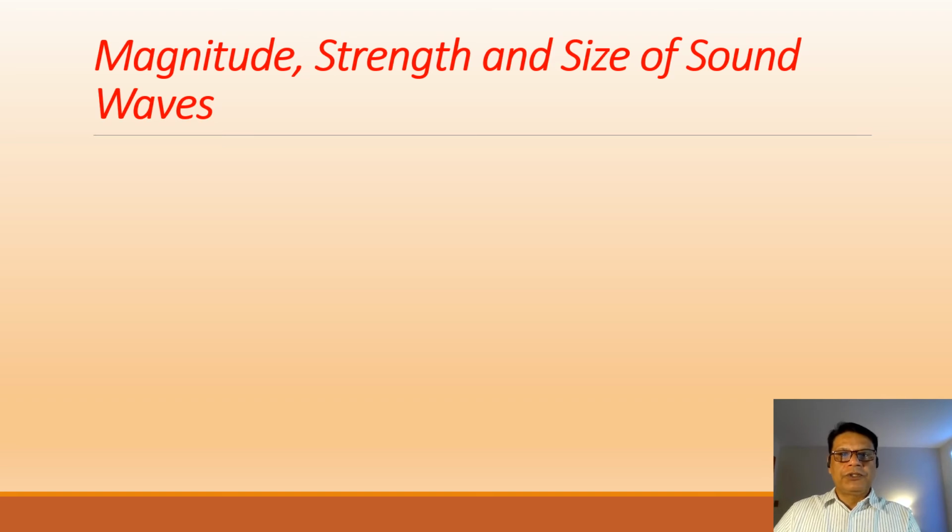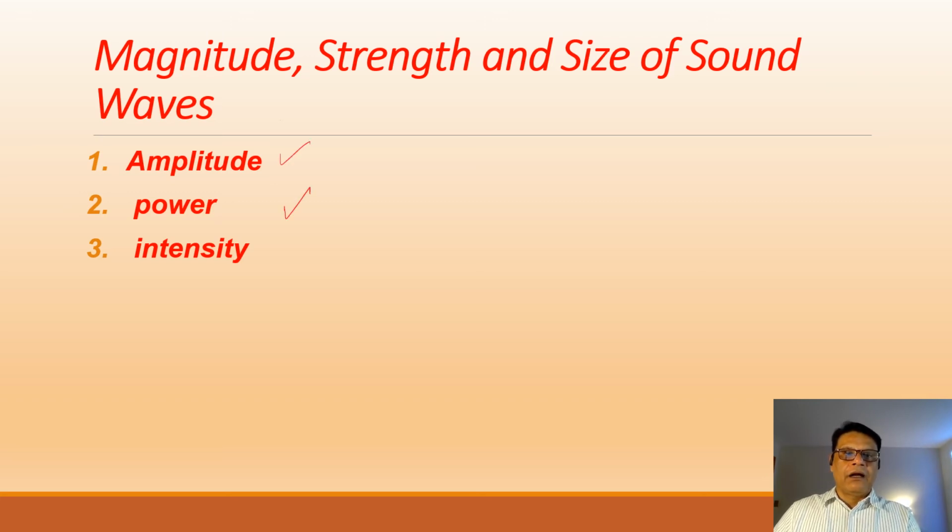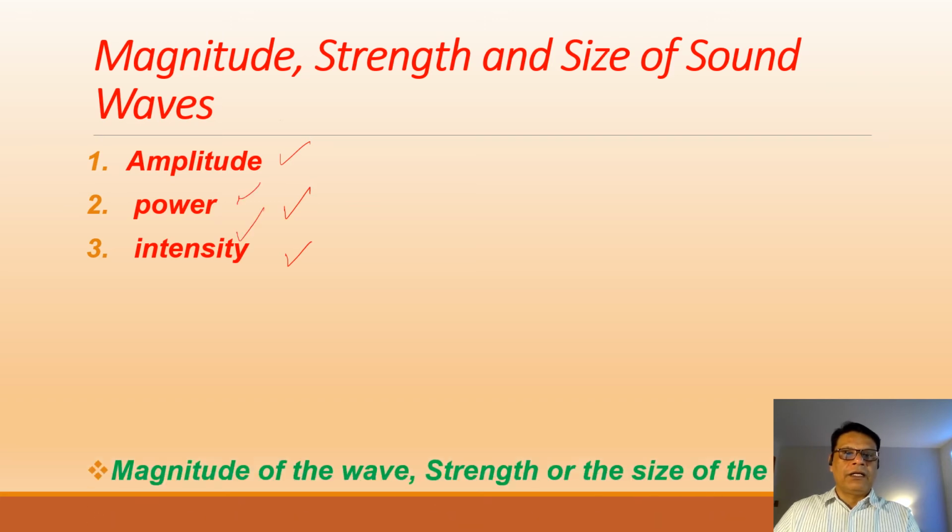So for the magnitude, strength, and size of the sound wave, we discussed that there are 3 parameters that are amplitude, power, and intensity that represent this magnitude, strength, and size of the sound waves, and they are interrelated, and a change in any entity will affect the other entities.